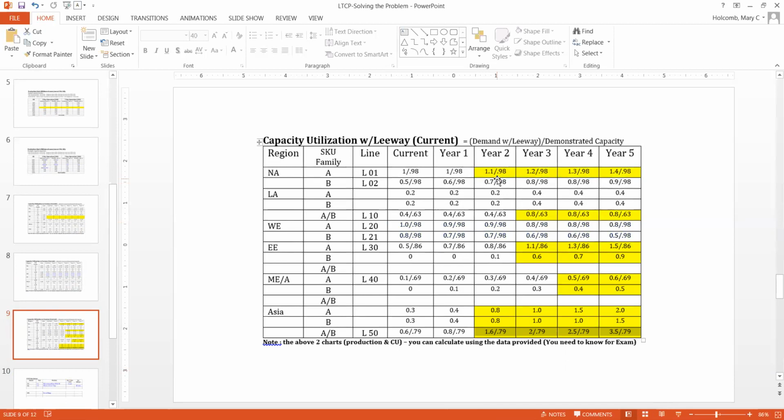In year 2, our demand with leeway is 1,100,000 cases, and yet we only have capacity for 980,000 cases. That's greater than the 100,000 cases that we said we're willing to live with in terms of the differential, because remember, it's a forecast. And so if we set that limit of 100,000 cases difference, that's where we're going to need to plan to add some capacity if it's greater than that.